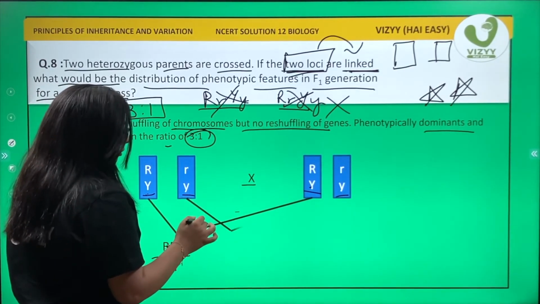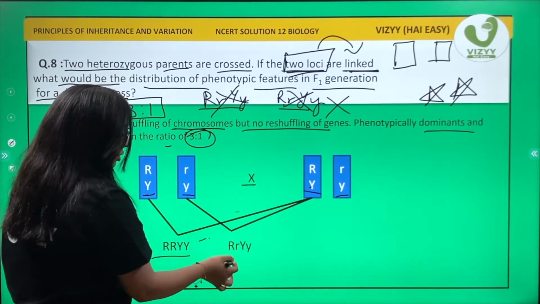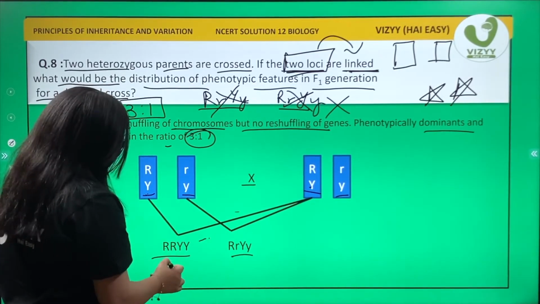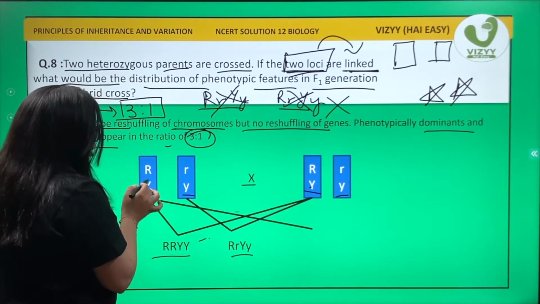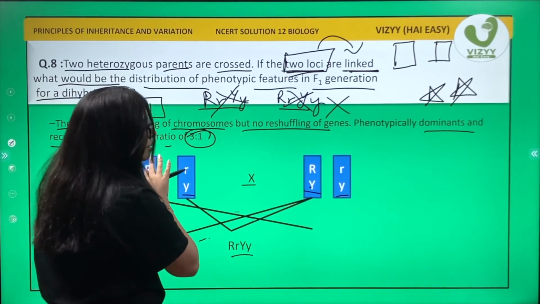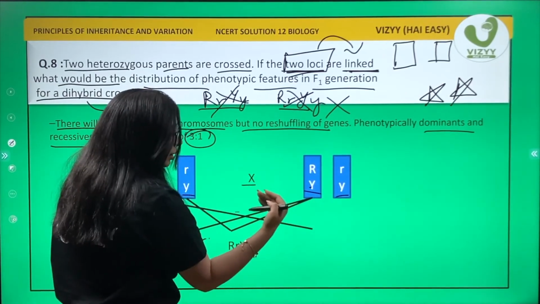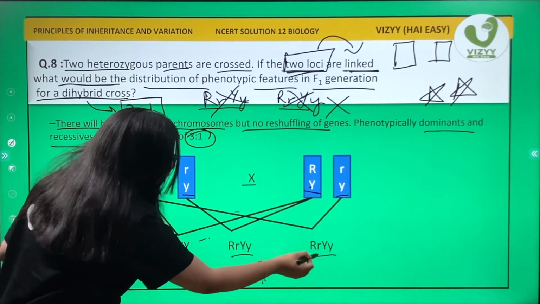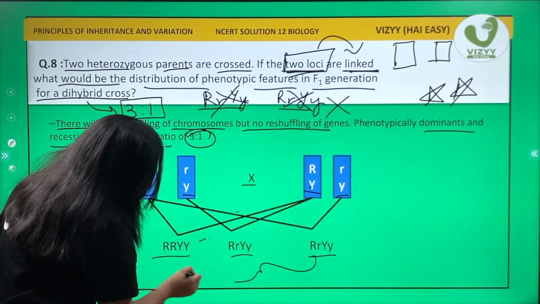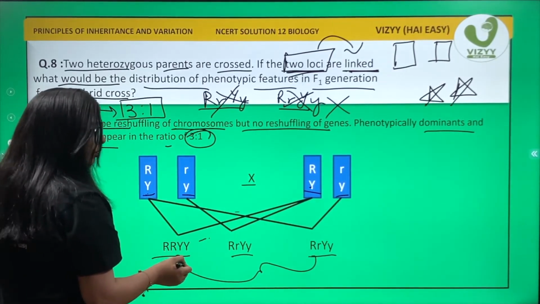One recessive and one dominant. So we'll get the other one. Again, phenotypically both are similar. Now, if one heterozygous is crossed with another one, we'll get this again. All three of them are phenotypically similar.